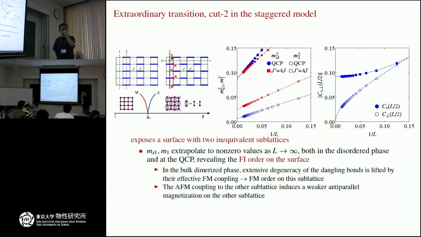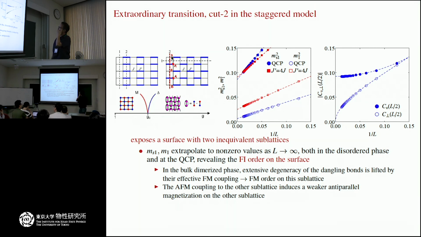First-order transition. Even at quantum critical points, the surface has very strong orders, yeah, this figure here. For example, if the strong long-range correlation exists, even at critical points.